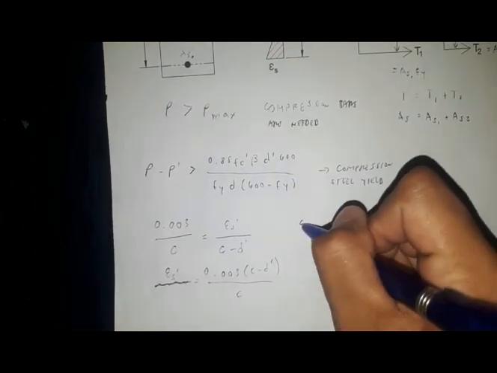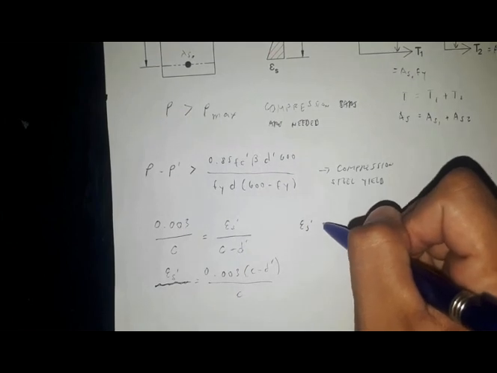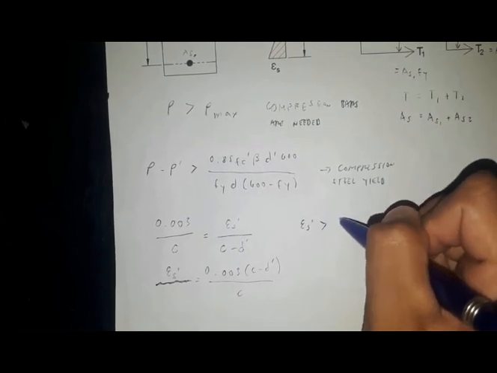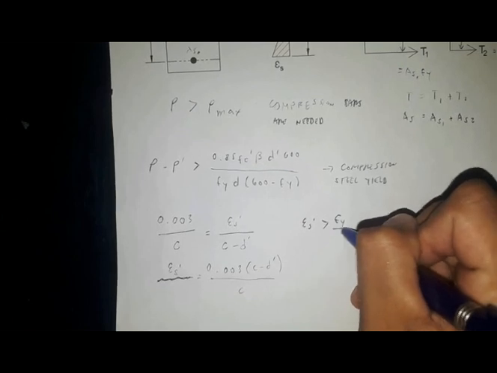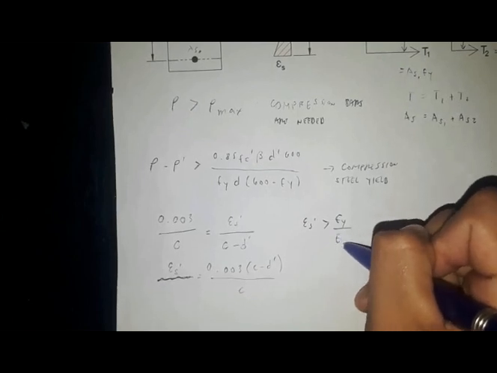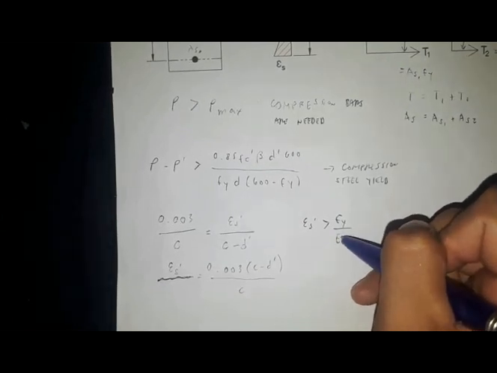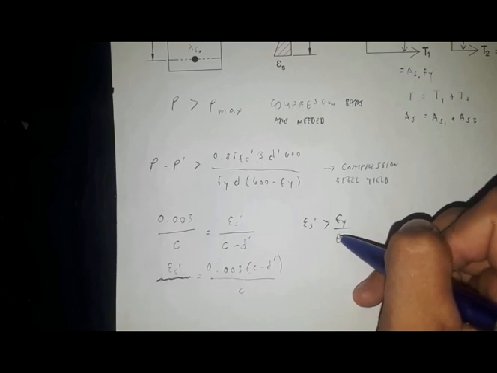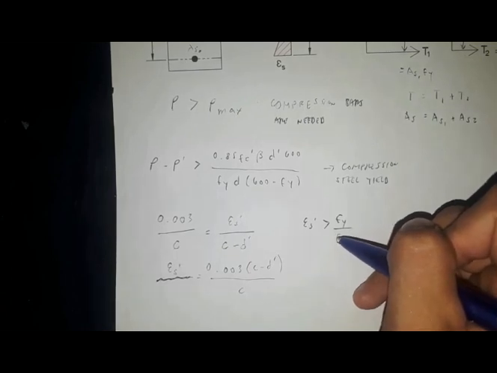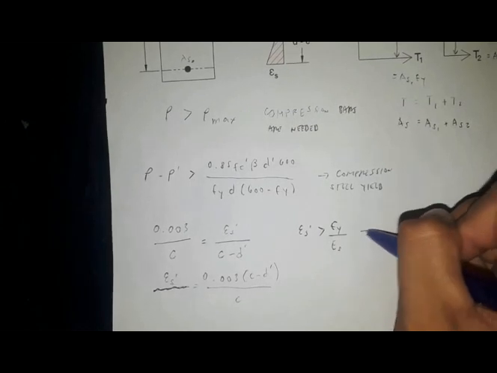So, that is our strain in the compression steel. When the strain for the compression steel is greater than Fy over the modulus of elasticity of the steel, compression bars yield.